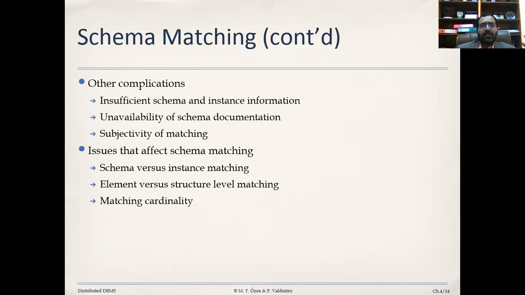The other complications in schema matching include insufficient schema and instance information. You don't have the complete information. You have an insufficient schema, so there is a problem because you have to come up with a complete schema. Sometimes you don't have the details.